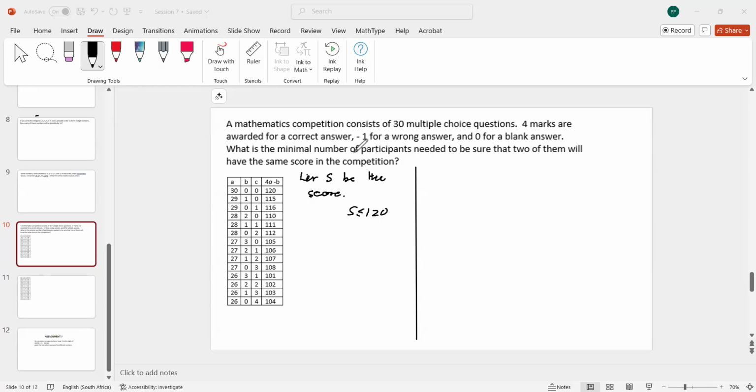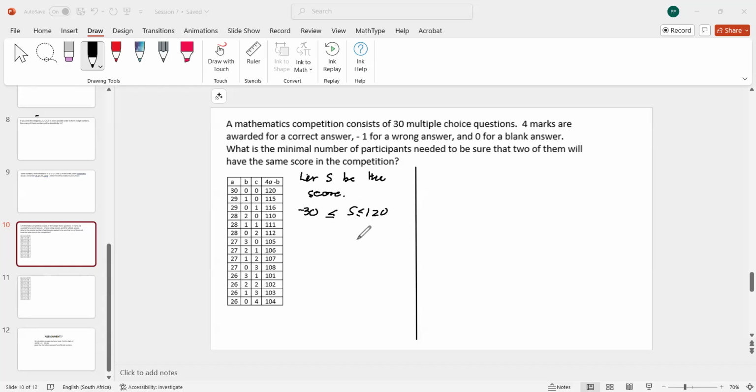But you can have some guy who guesses all the answers and gets all wrong, unfortunately. Rare situation, but he can get 30 negative ones. So the lowest possible score is minus 30. You can get S to be minus 30.